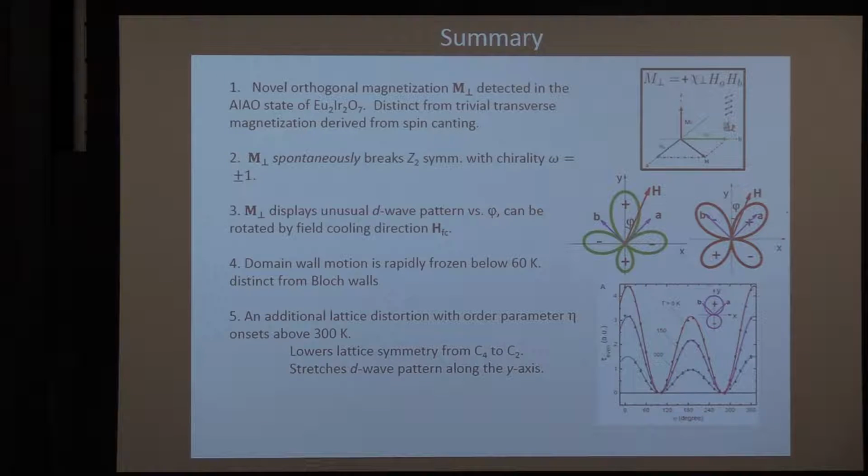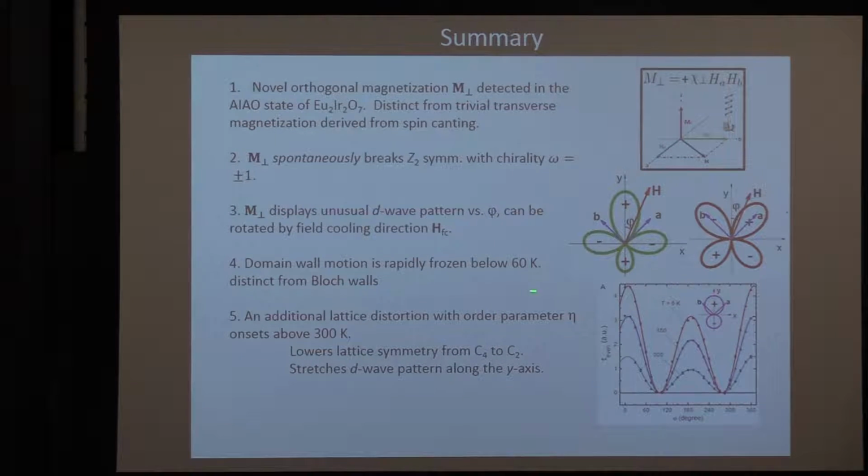A field that's in plane generates perpendicular magnetization, but we can't tell if it's up or down, right? However, we can fix the choice by appropriate field cooling direction, but the effect on the whole pattern is very surprising. It's a D-wave pattern, and you can rotate it depending on whether you field cool along Y or along X, and we don't understand this.